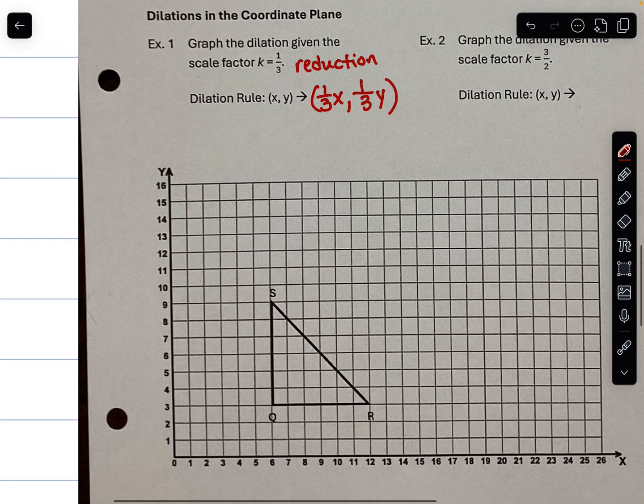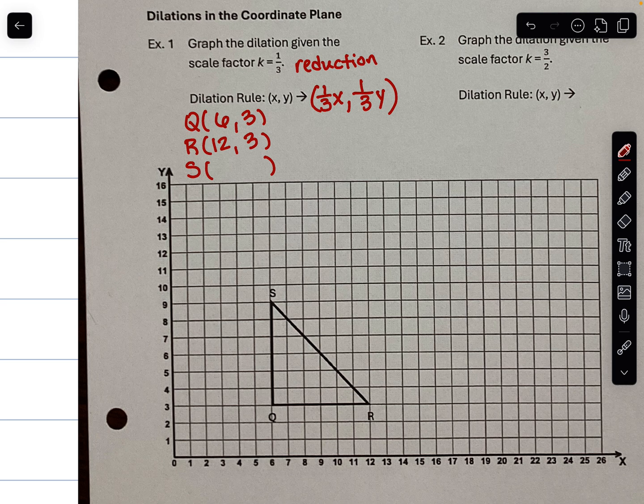Now, the first thing I'm going to have to do is figure out what are my ordered pairs for Q, R, and S. Okay, so Austin, I want you to tell me Q, Symphony, R, Aixa, S. 6, 3. Okay. 12, 3. 6, 9.